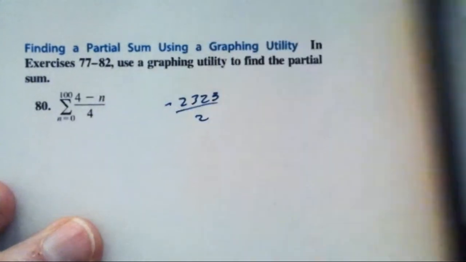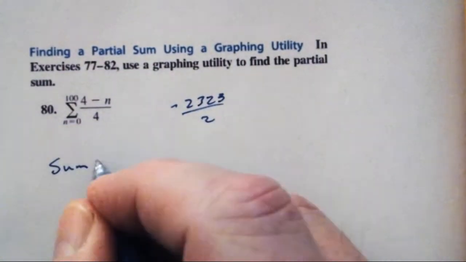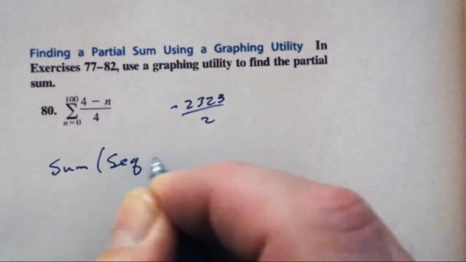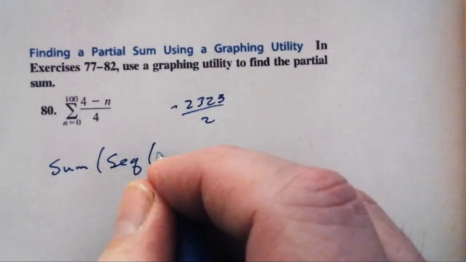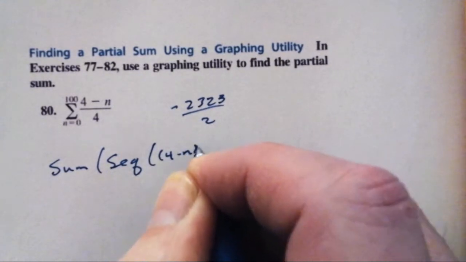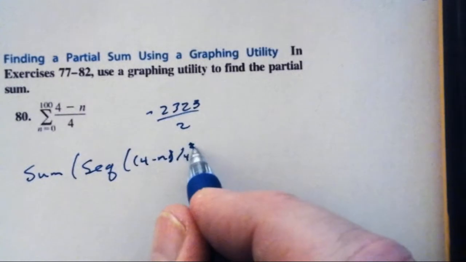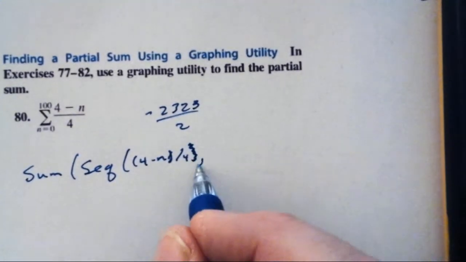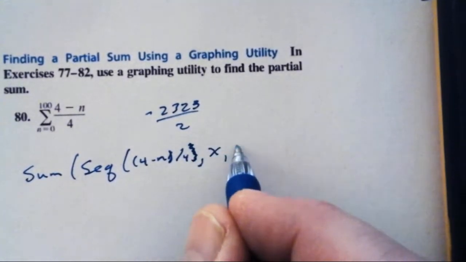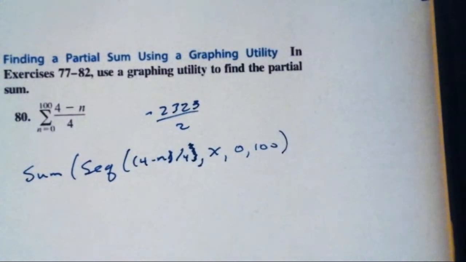I need to get to here. I need the sum of the sequence. The sequence is 4 minus n divided by 4. I need the sum of that sequence. Whoops, don't want that parenthesis there. As x runs from 0 to 100. I need to get all of that entered.